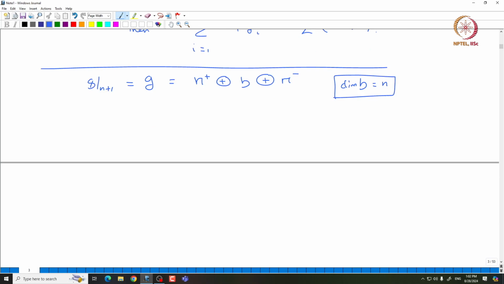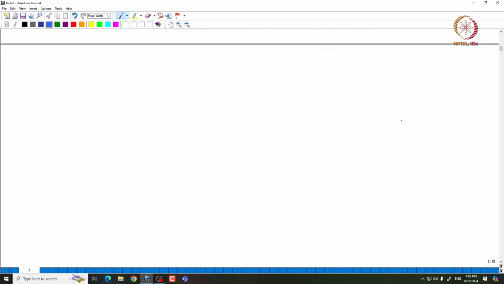N plus is the upper triangular matrices, and n minus is the lower triangular matrices coming from SL(n+1). Now we are going to use the root vectors. We will use the set of positive roots, recall Delta plus is the set of positive roots. Now using this set of positive roots, we have the following basis.